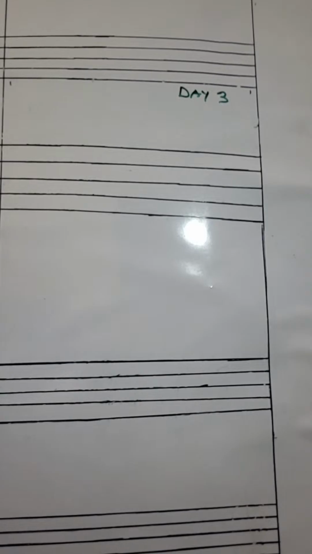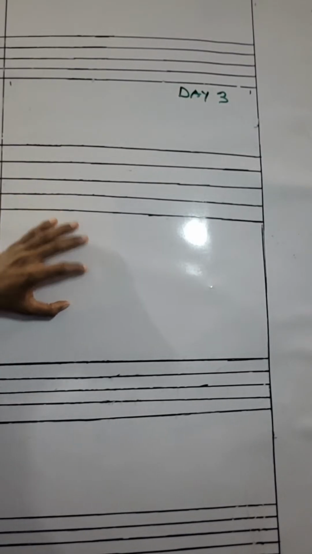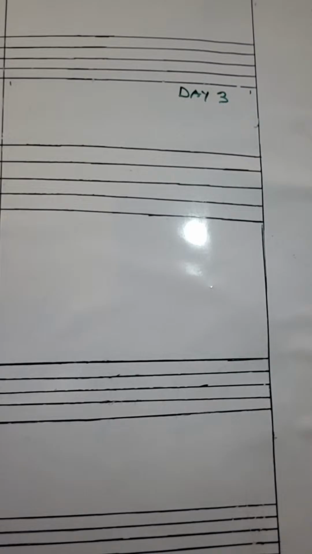Yesterday, we were able to give you the value of our notes, and we also taught you the different red sign for each of the notes, and we went further to the key signature.